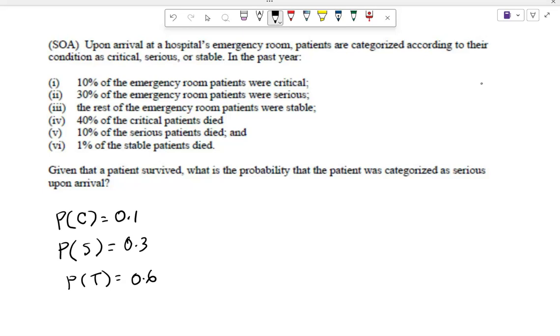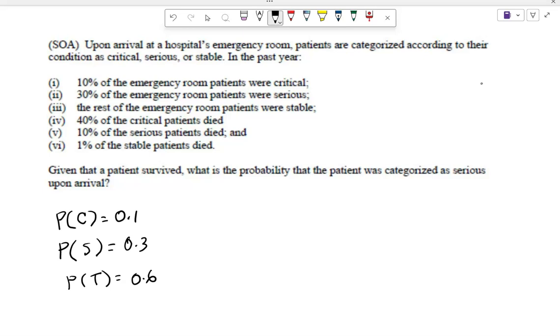All right. So there must be something here with conditional besides this last piece. We want the probability that the patient was categorized as serious, given the patient survived, or didn't die, if you will. So one of the things we would need to know is the probability of survival, right?